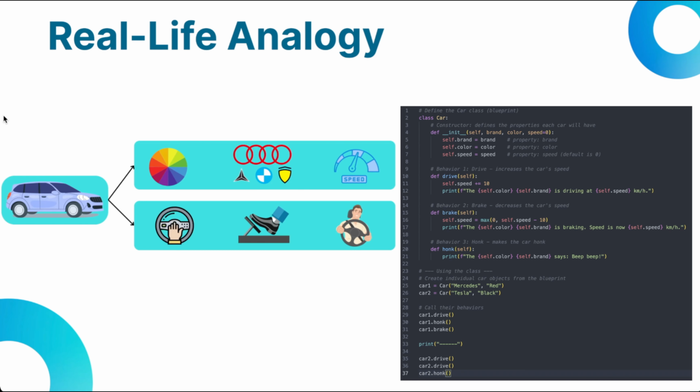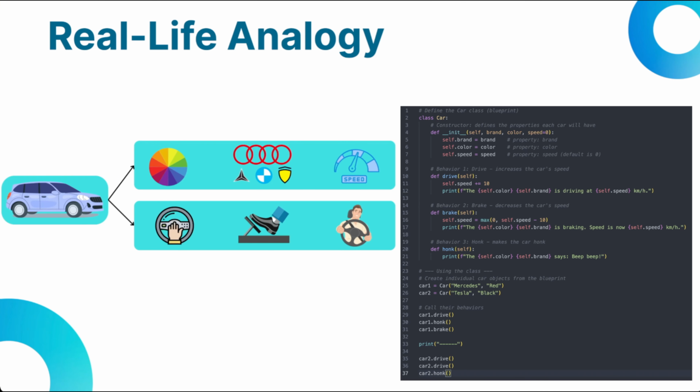Why is this powerful? This is powerful because now, instead of writing messy code for every single car, you just create a new object from the car class and they already know how to drive, brake, and honk. This is the beauty of object-oriented programming. You write code once and reuse it as much as you want.